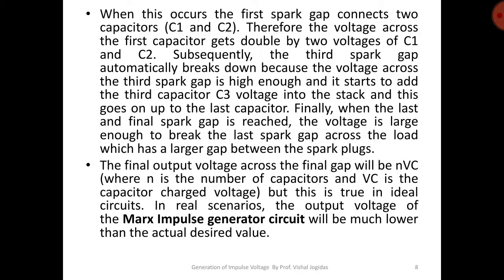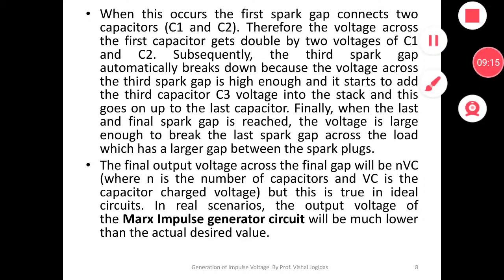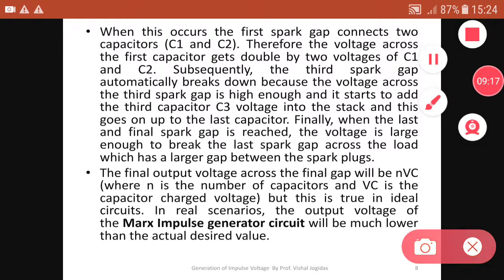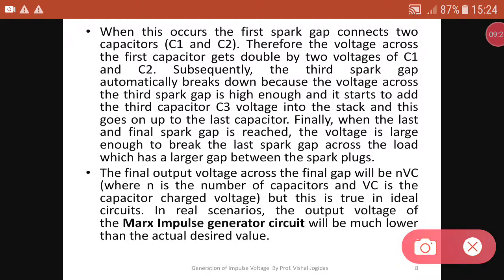Finally, when the last spark gap is reached, the voltage is large enough to break down the last spark gap across the load, which has a larger gap between the spark plugs. The final output voltage across the final gap will be N times Vc, where N is the number of capacitors and Vc is the capacitor charge voltage.